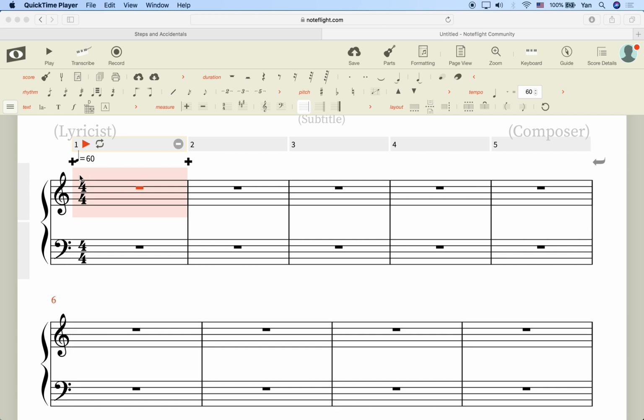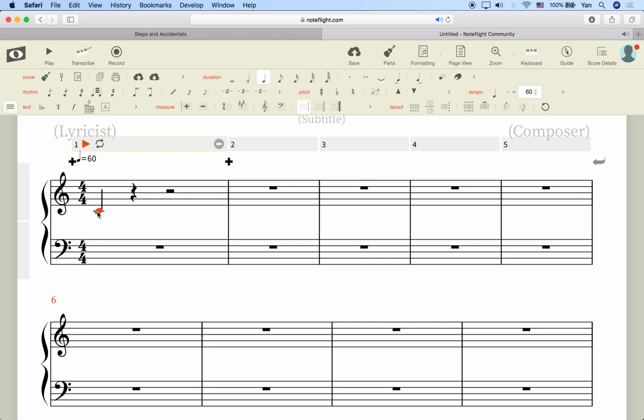So the first thing we're going to do here is start writing every half step from C4, which is middle C, all the way to C5, which is the next C after that. So we're going to start with C, and now I'm going to write the next half step up.